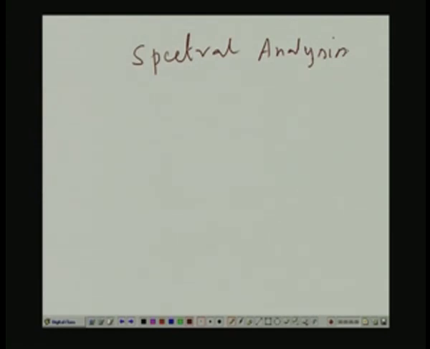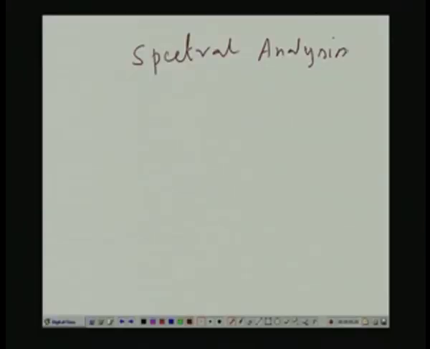Now, before I go into it, let us first make some background and then we will define what is called power spectral density and all those things, and its physical implication and properties. This entire thing will be dealt with not only in the context of analog signals, continuous time random processes, but also for discrete signals.